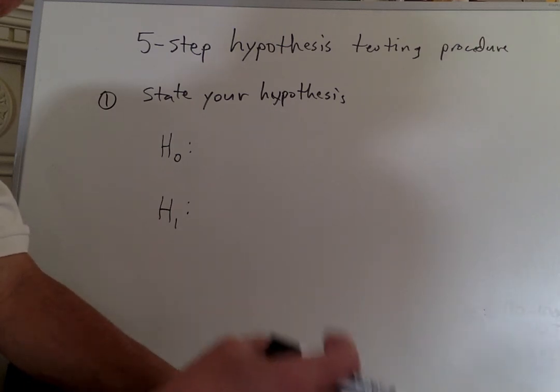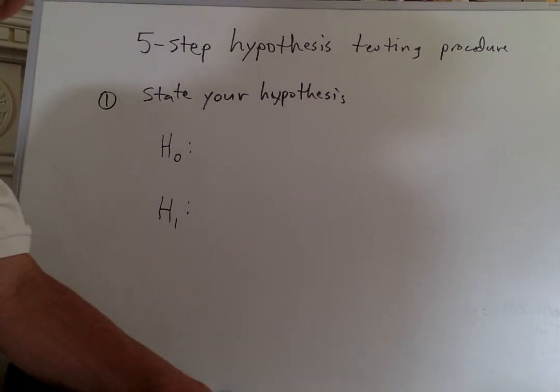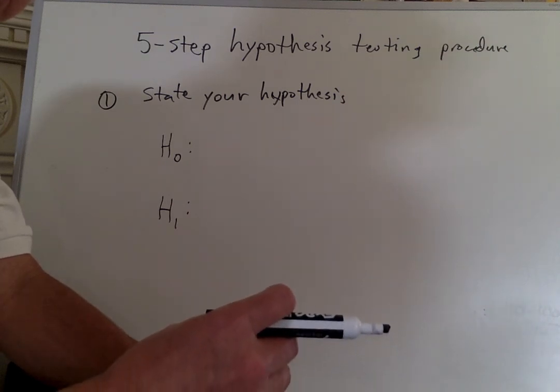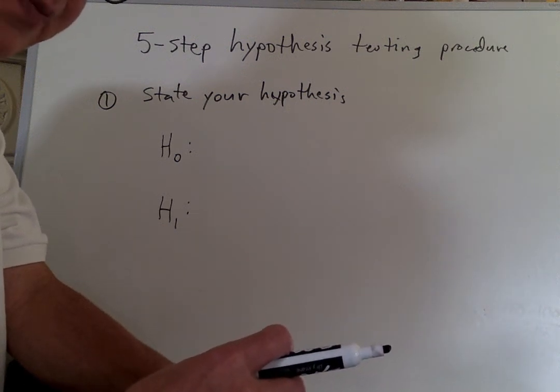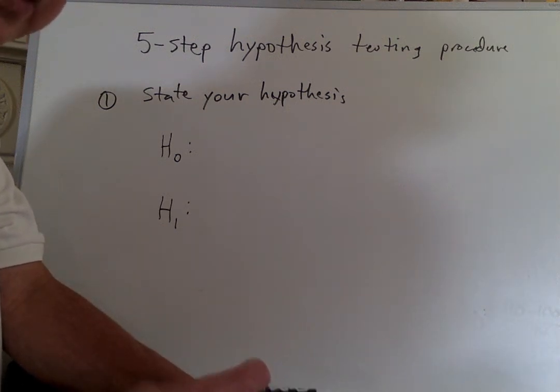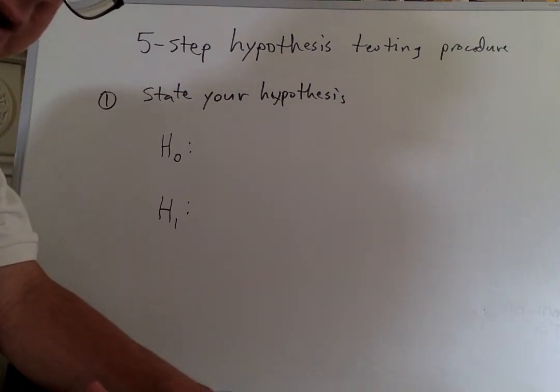Well, the hypothesis is that putting red food coloring in the sucrose solution will change the way people perceive that solution. Now, if you're paying attention carefully, I did not say that the red food coloring is going to increase the sweetness of the solution. I did not say it was going to decrease the sweetness.